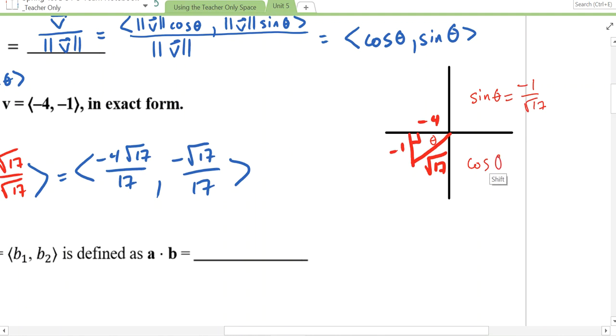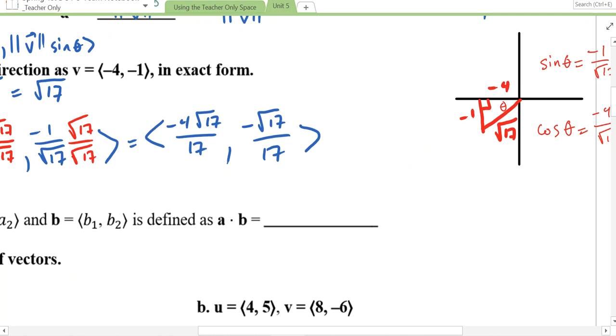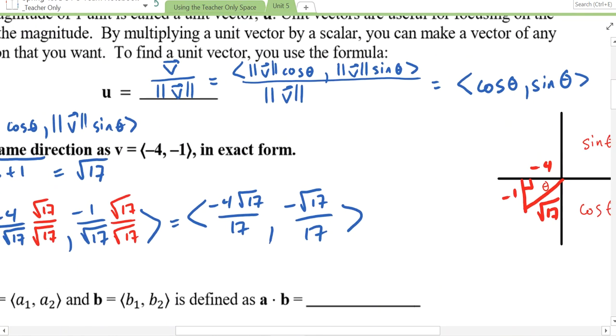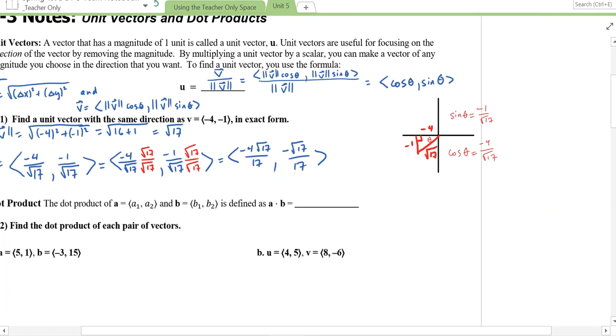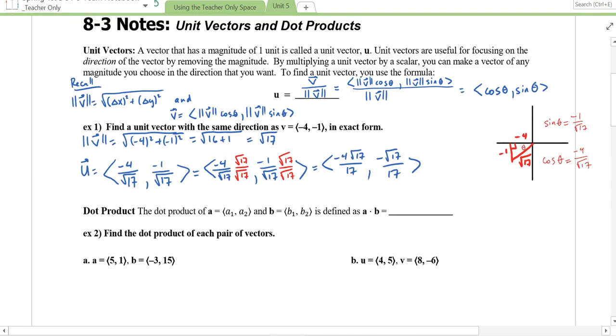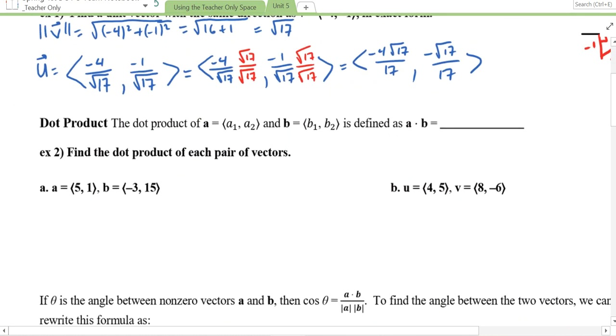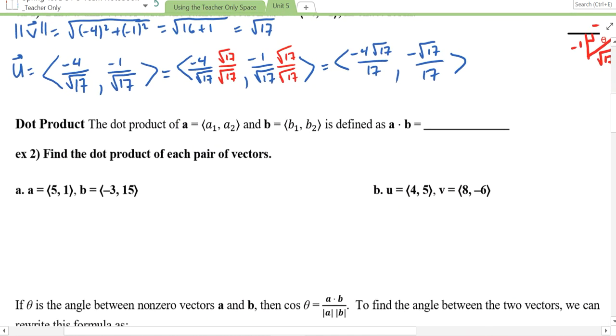Cosine of the angle is negative 4 over the square root of 17. And is that going to get us to the same place? That was essentially getting a unit circle. I mean, the unit vector. Same math. But now that we know these formulas and we are using vectors, you don't have to draw the picture anymore. You can just go straight and use the formulas. But you have to memorize them. But it's just using something you've already done before, hopefully, if you did your homework.